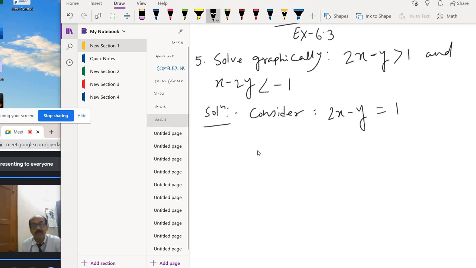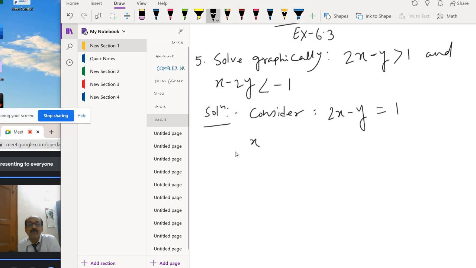So, find its points where the line passes through. So, make a table of x and y. Because the minus sign is there, 2x minus y equal to 1, you can write x by 1 by 2. Better you find its points.